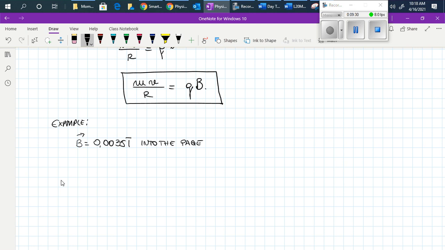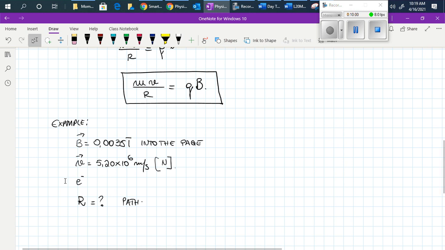The velocity of the electron is 5.20 times 10 to the power of 6 meters per second going north. And we are dealing with an electron as the charge. And let's figure out what is the radius and the path of the electron, of course.